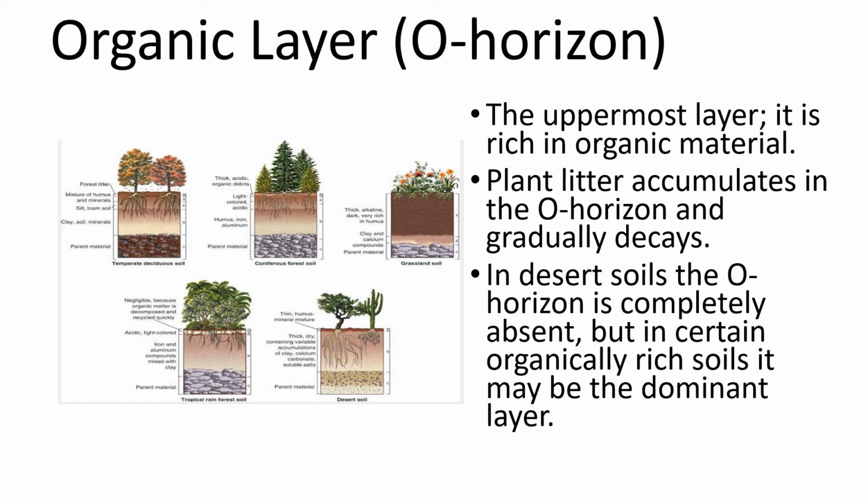And so plant litter is accumulating on the top of the surface and then decaying, and that's where we get it from. So in the desert, there's no organic horizon, but in other places, you have a fairly large organic layer.